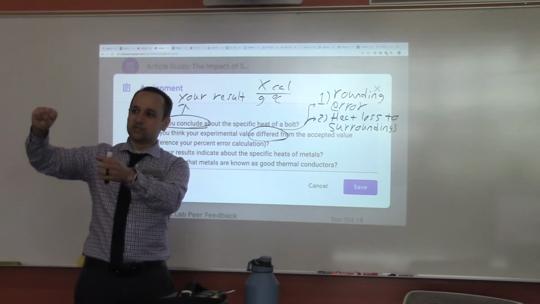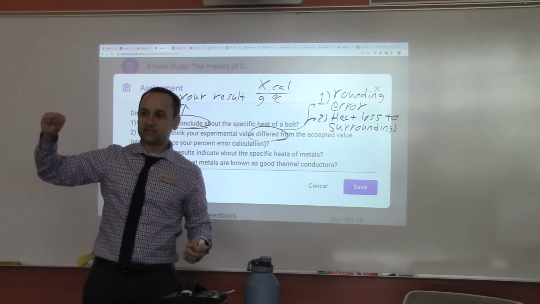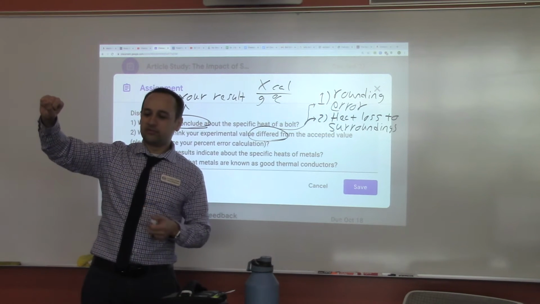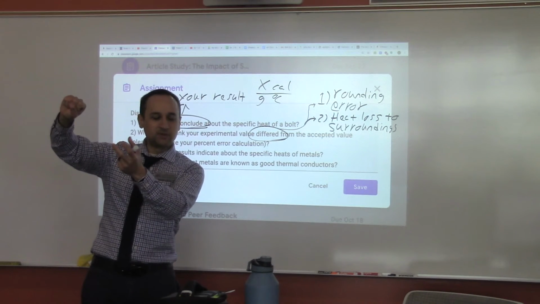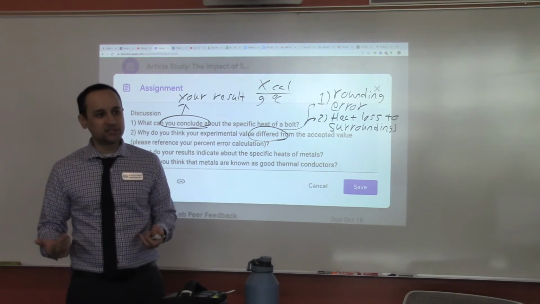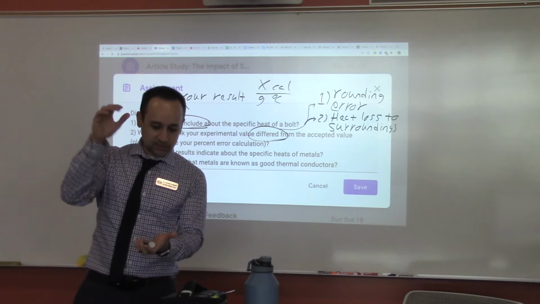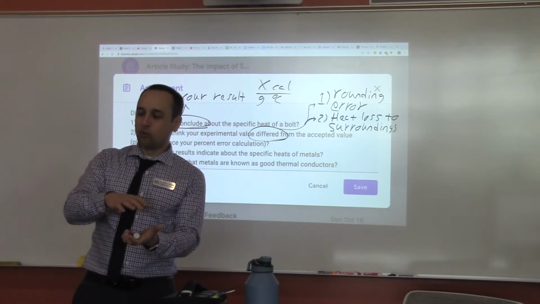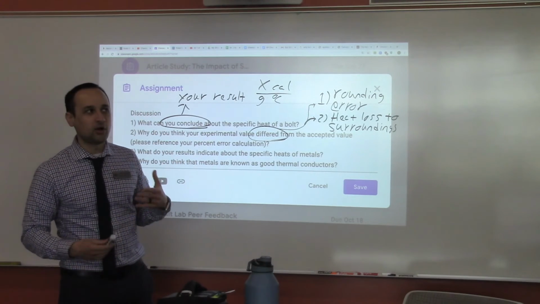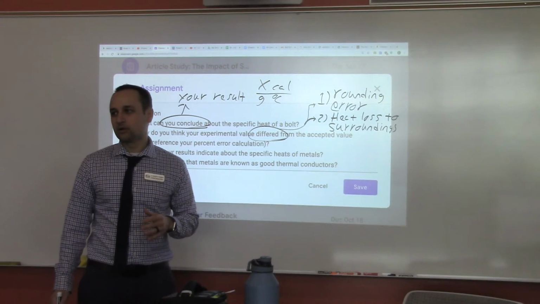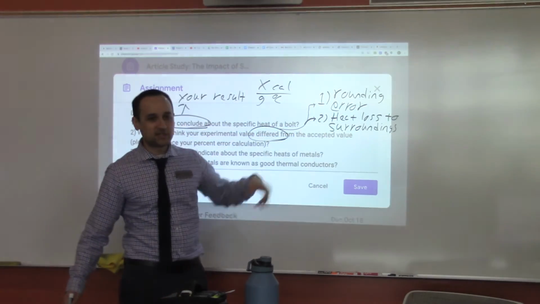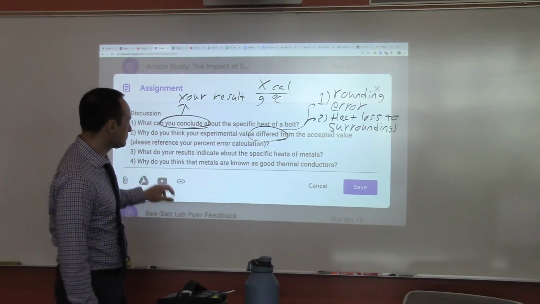That air is not 100 degrees Celsius, so that air is not keeping the bolt nice and warm. So there's some cooling that can take place. Additionally, air molecules are able to bombard the top of your water as the bolt sits in it inside your beaker. Those can also draw heat from the beaker and from the bolt, from that system. So heat loss to the surroundings can affect your experimental result.